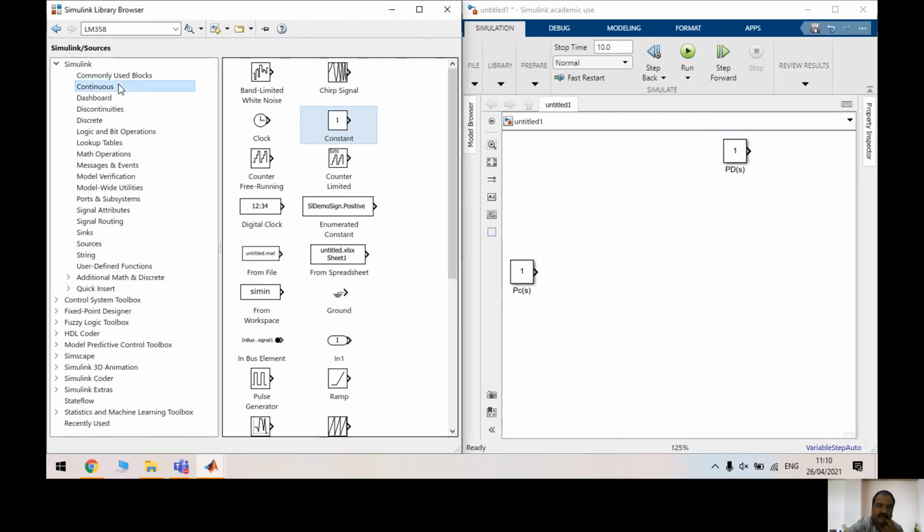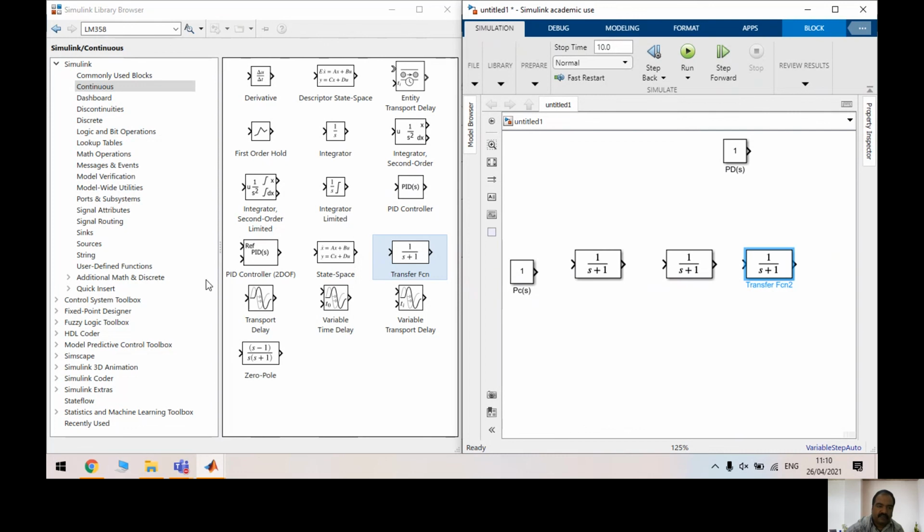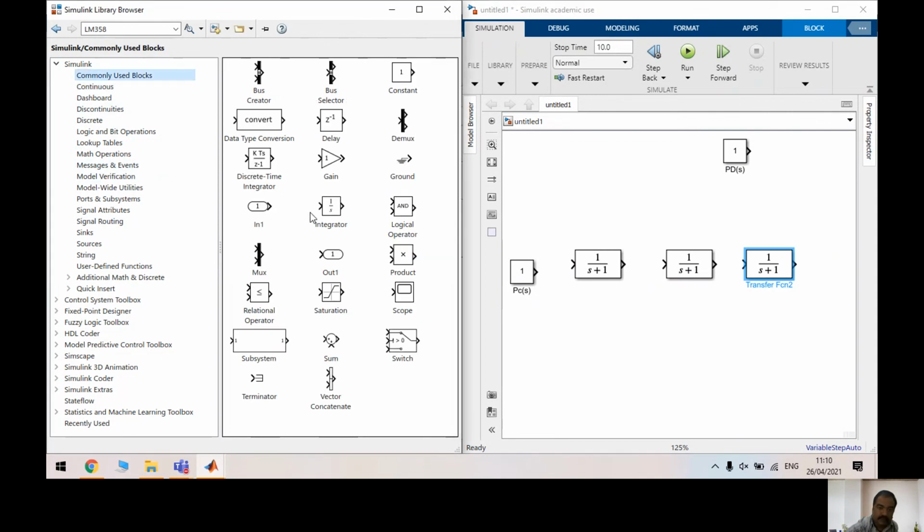Apart from this, what do I need? I need three blocks. One is for the speed governor, the other one is for the turbine, and the other one is for the generator load model, right? And apart from this, there is a gain which is represented by 1 by R in the speed governor model.